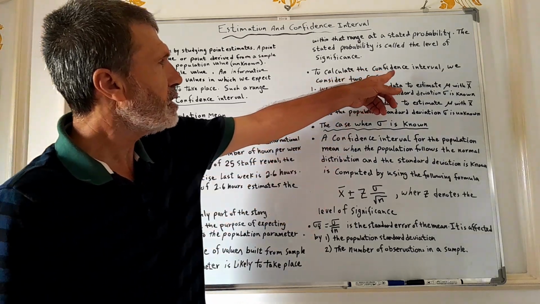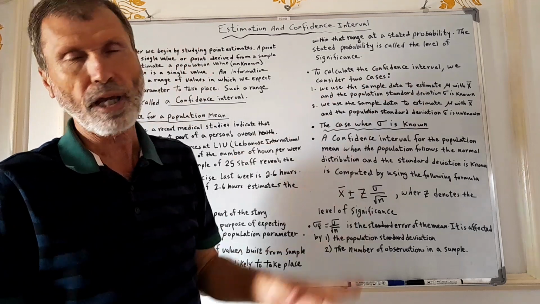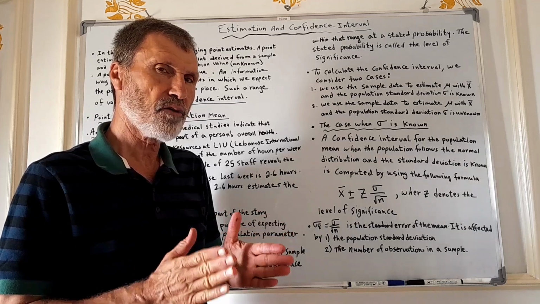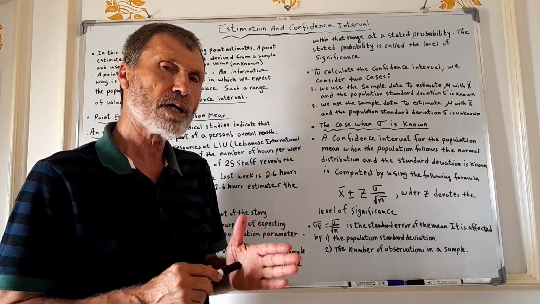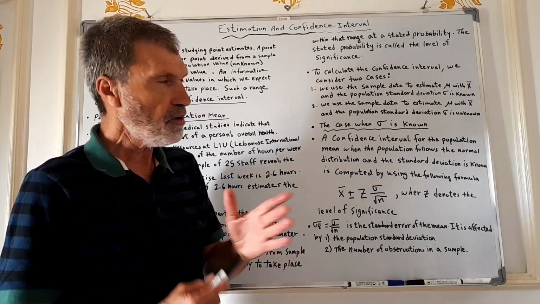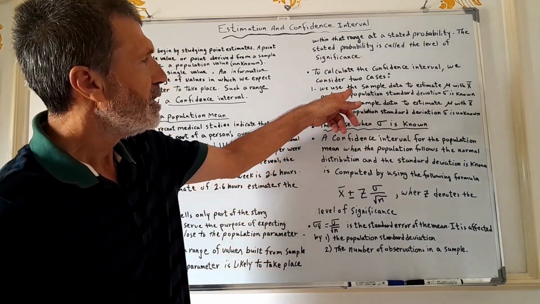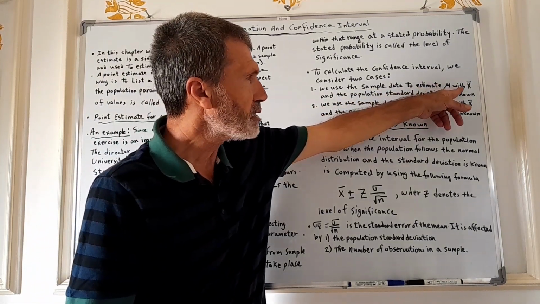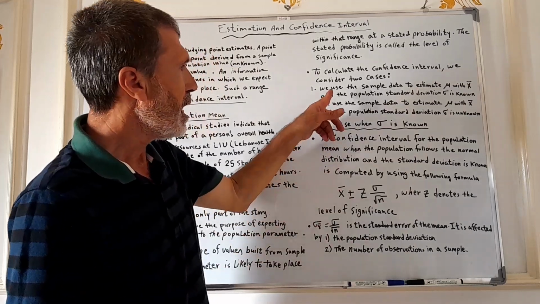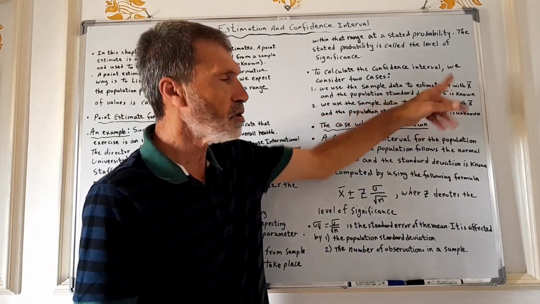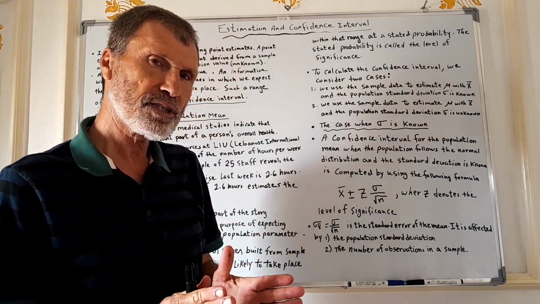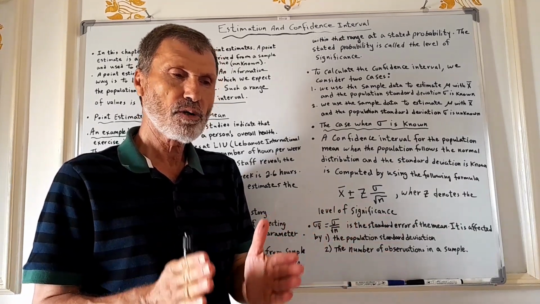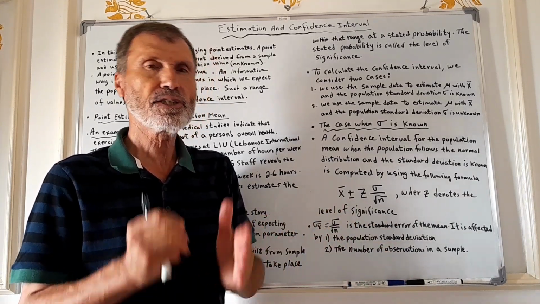To calculate the confidence interval, we consider two cases. The first case is that we use the sample data to estimate mu, the mean, with x bar, and the population standard deviation is known. So the first situation is that we want to find the confidence interval when the population standard deviation is known.